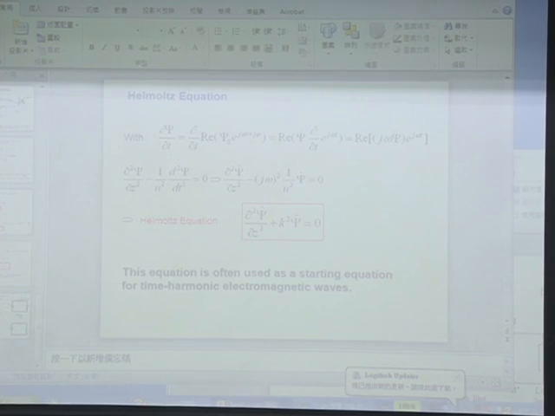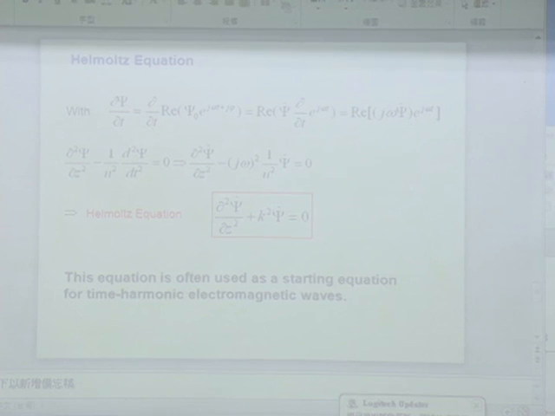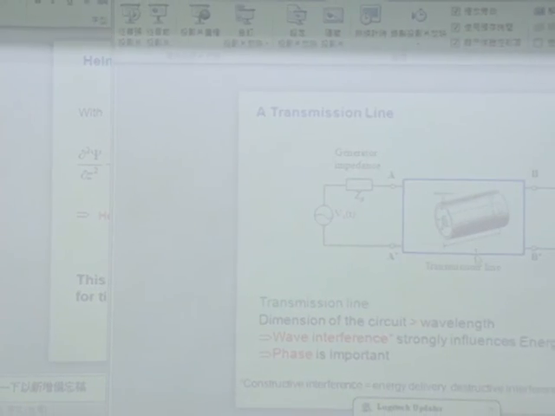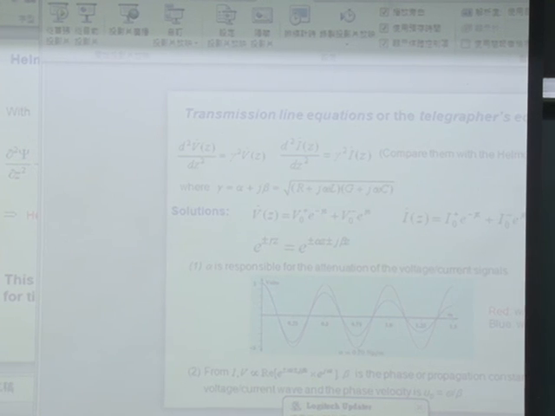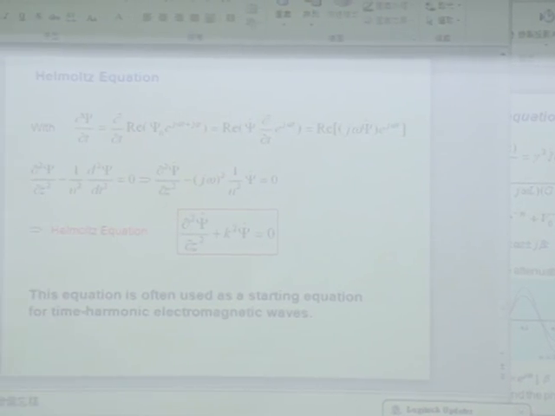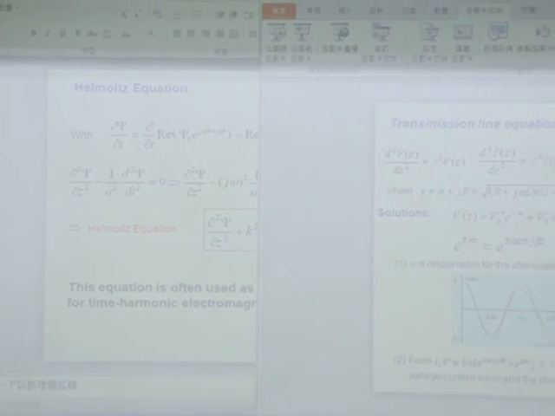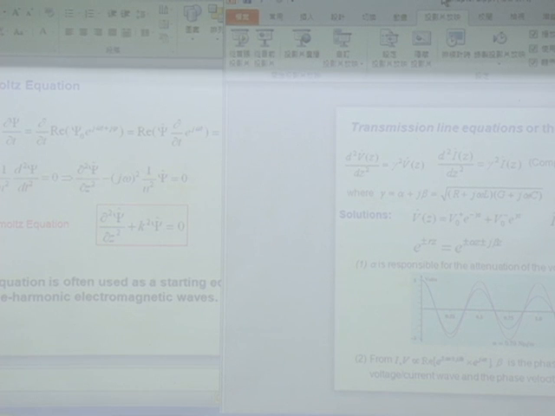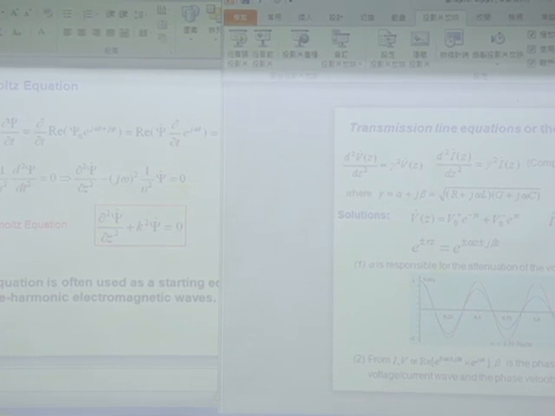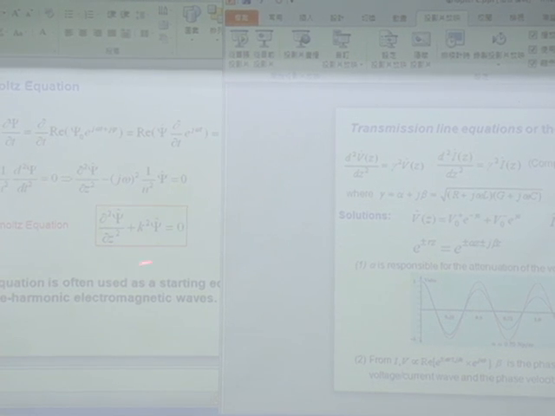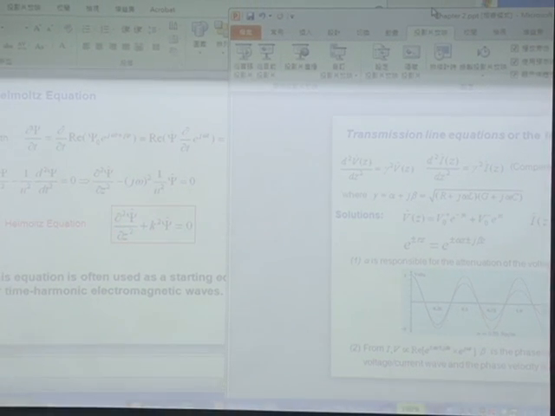啊哈，你看到什么？这个式子。Okay, you compare this transmission line equation with Helmholtz equation.